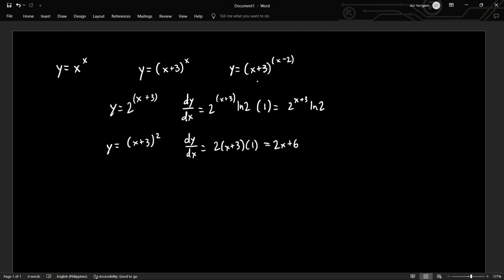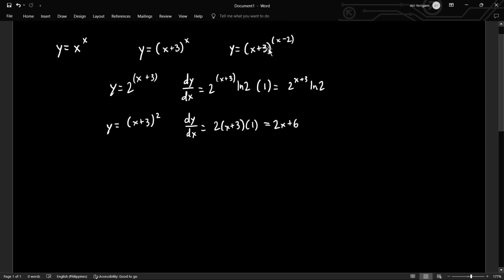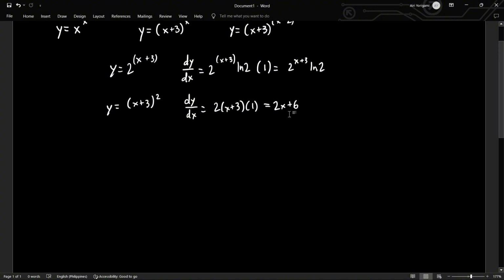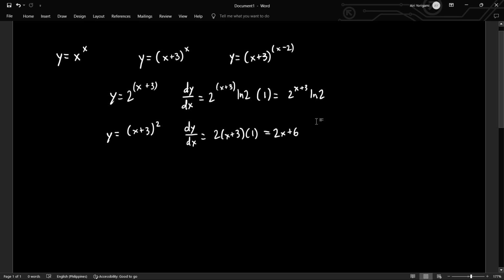So for this, let's generalize, let's make it expression raised to expression, not just a variable raised to a variable. Now, this is kind of yucky, because we have a variable in the base and a variable at the exponent. Now, there are two ways for you to solve the derivative of that, and I'll show you both ways.